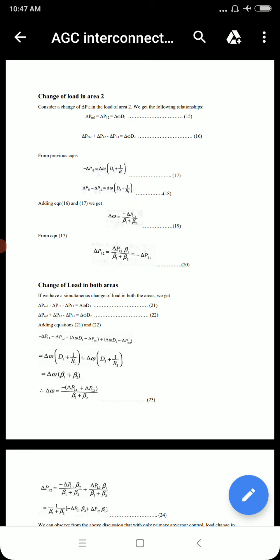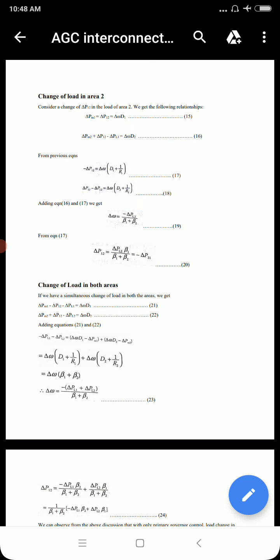Now consider a change of delta PL2 in the load of area 2. So we can get the relationship like this: delta PM1 minus delta PL2 is equal to delta omega D1. You can make the correction there, that is delta PM1 minus delta PL2. Next is delta PM2 plus delta P12 minus delta PL2 is equal to delta omega D2.